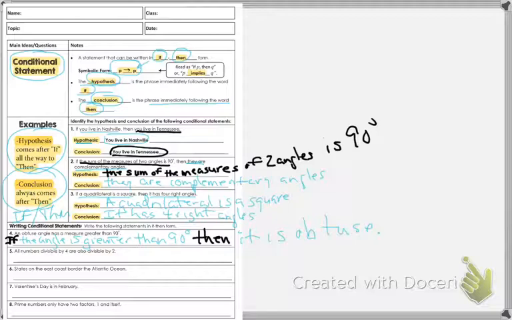Let's go to like number 7. Valentine's Day is in February.